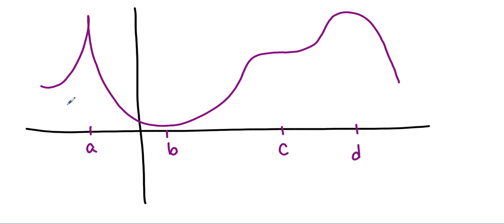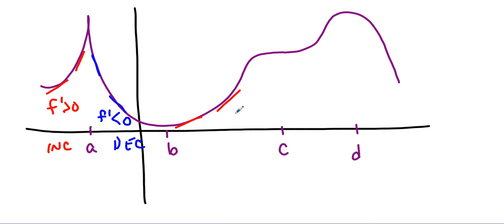In this zone, the derivatives are positive, and conveniently the function is increasing. In this zone, the derivatives are negative, and the function is decreasing. And then the derivative is positive again.